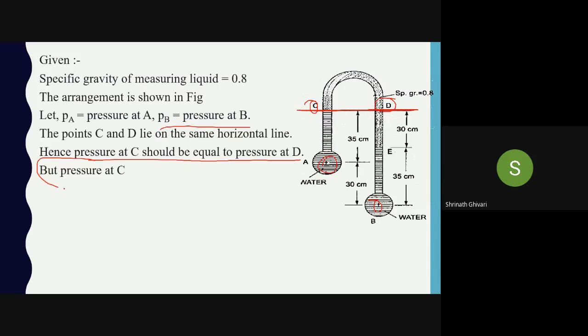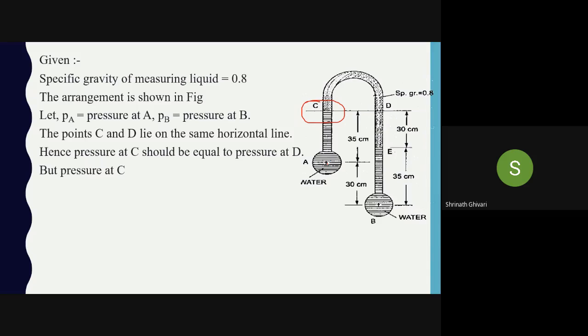But what is the pressure at C? Can anyone tell me the pressure at C? PA minus density of water, 1000, into 9.81 into 0.35.